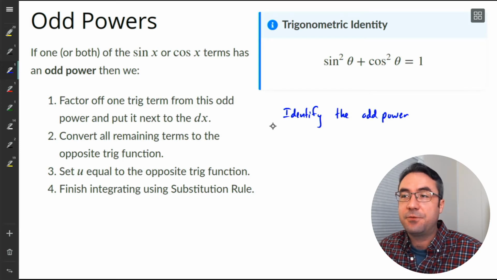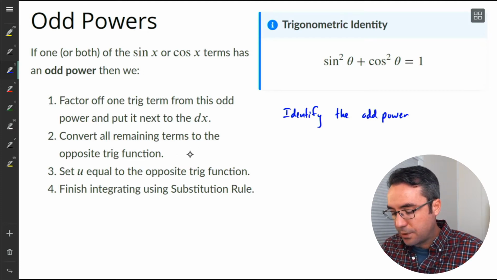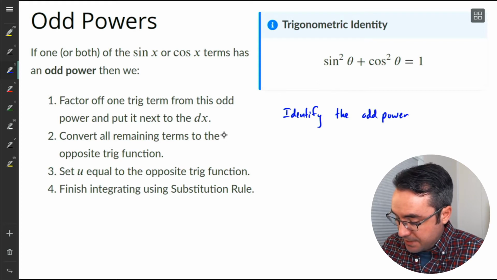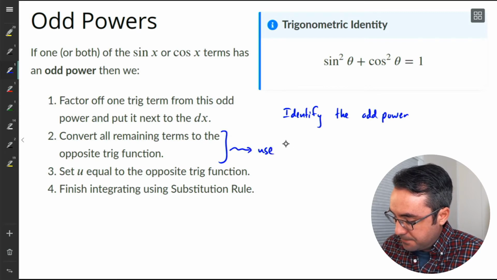So if we identified cosine as our odd power, then sine is the opposite trig function. In step 2, we're going to convert all remaining trig terms to our opposite trig function, and the way we do that is with this trig identity. So in step 2, this is where we use that trig identity.